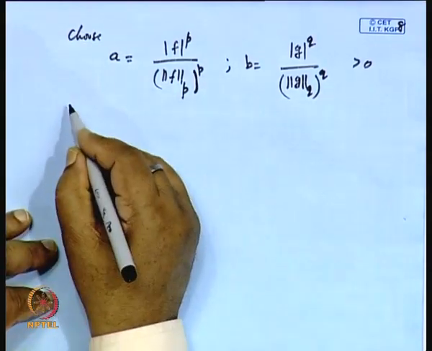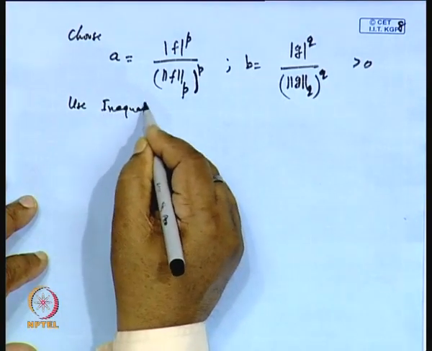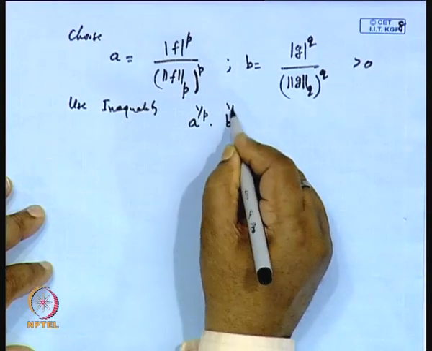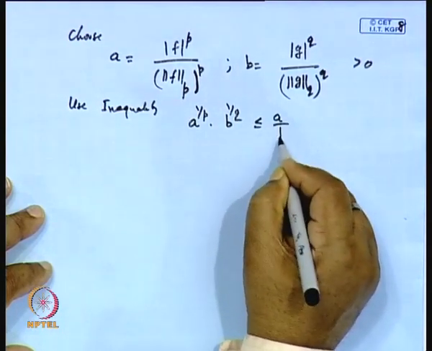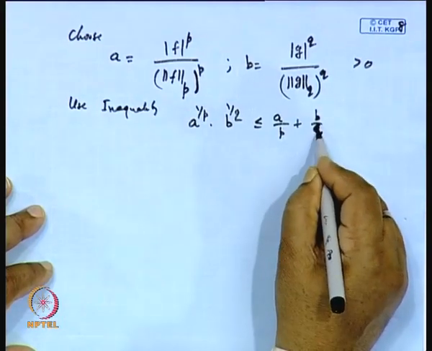Okay. Now use this inequality: a^(1/p) b^(1/q) is less than or equal to a/p plus b/q. Use this inequality.